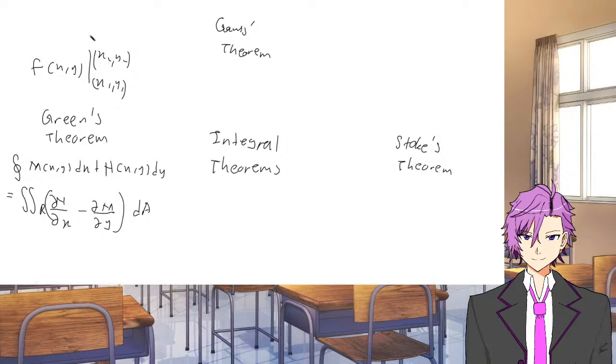Well, that is for conservative fields, but in Green's theorem you convert them into partial derivatives, N with respect to x and M with respect to y. So that is how you get Green's theorem.